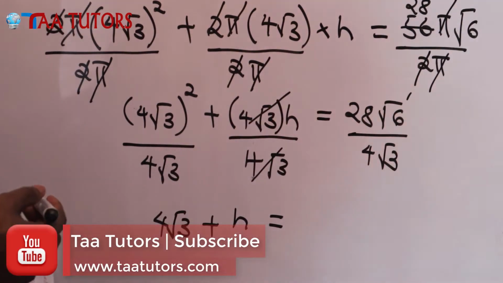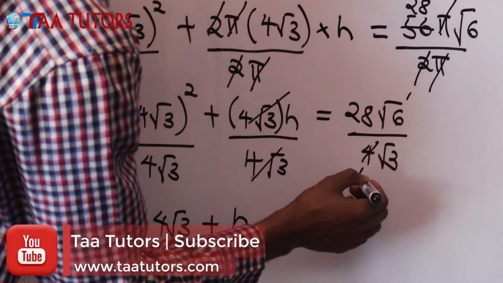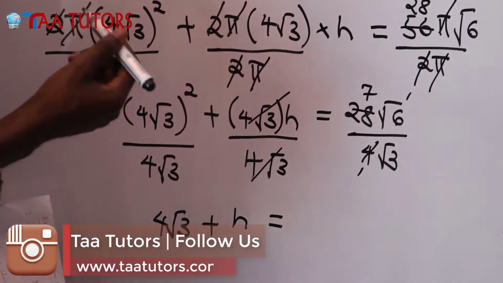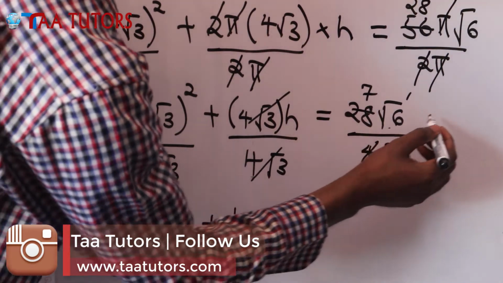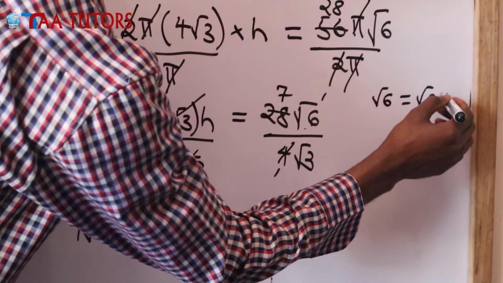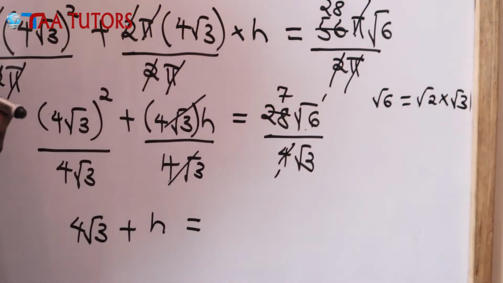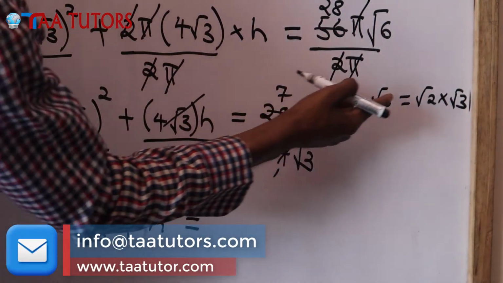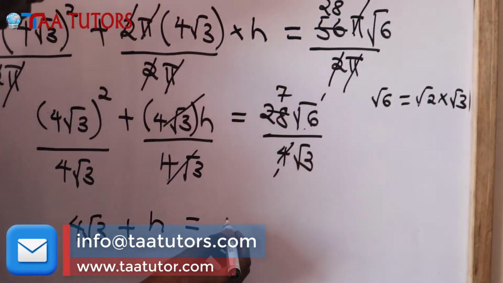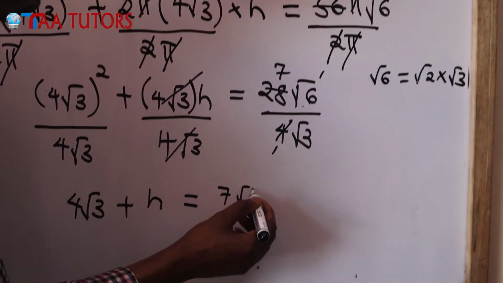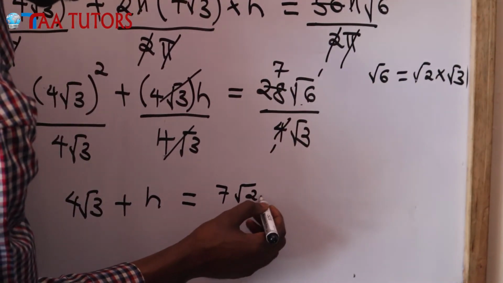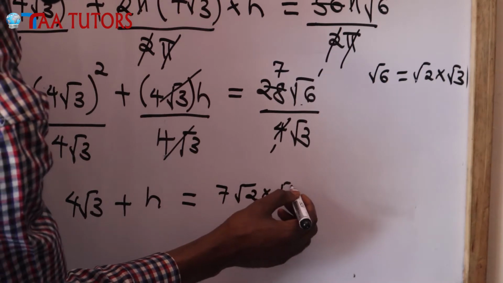What I get here is 4 can go here once, 4 can go here 7. But you realize that 6 surd 6 can also be written as surd 2 times surd 3. So if 6 surd 6 can be written as surd 2 times surd 3, then I am sure that this one, or let me write it there, 7 surd 6, and I say surd 6 can be written as surd 2 times surd 3.